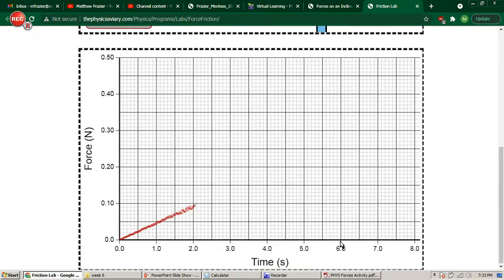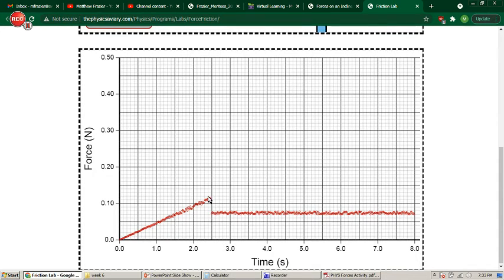All right, so looking at this graph, you see it go up and then it slips. And once it slips, it's a constant force, no matter what it's accelerating as, you're applying a constant force. And that's that friction force. Right? So you can see right there is where your friction force switches from static to kinetic friction.